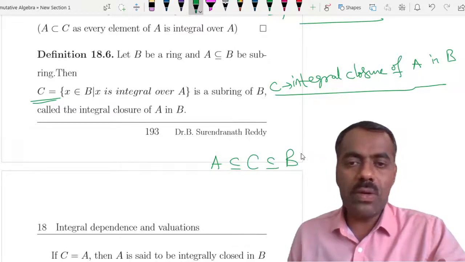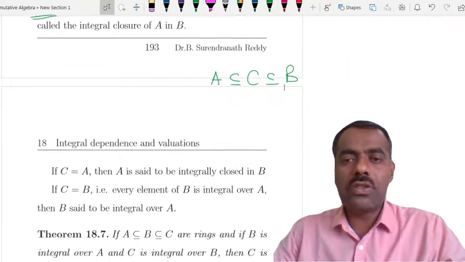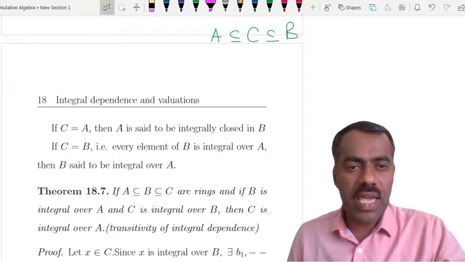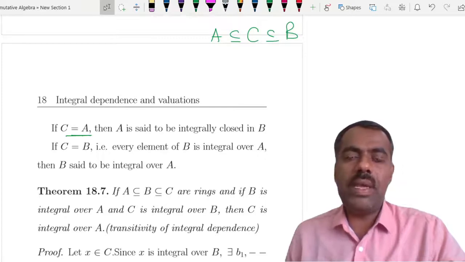C may be equal to B, or C may be equal to A, or C may be strictly in between them also. So if C is equal to A, then we say that A is integrally closed in B. That means it is closed.